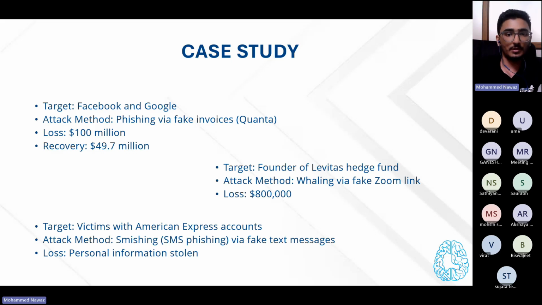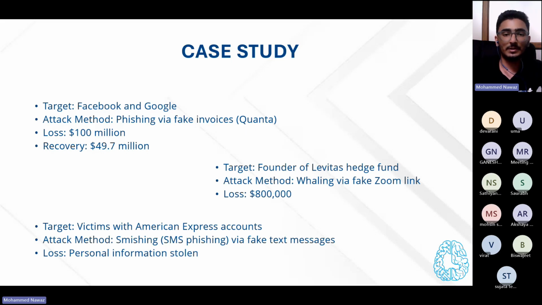Then another one is Zoom, a fake Zoom link used in a whaling attack on the founder of Levita Equity Fund, and they lost 8 lakh dollars. Then the other case was from the American Express account, where the attack was smishing, which is an SMS phishing attack by a fake SMS message.